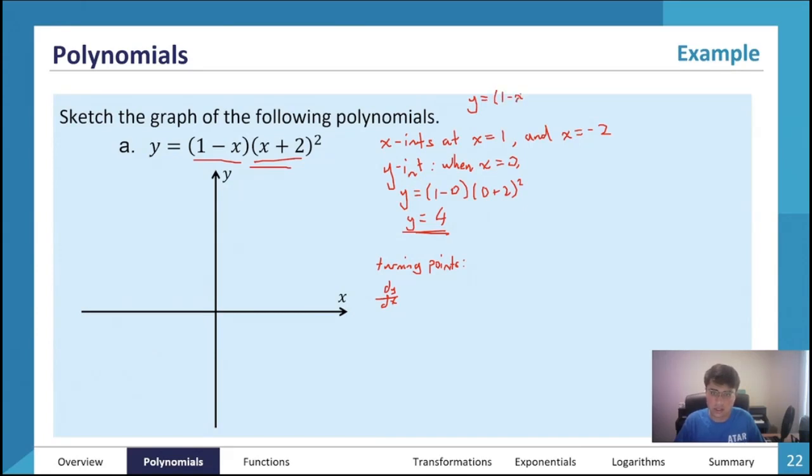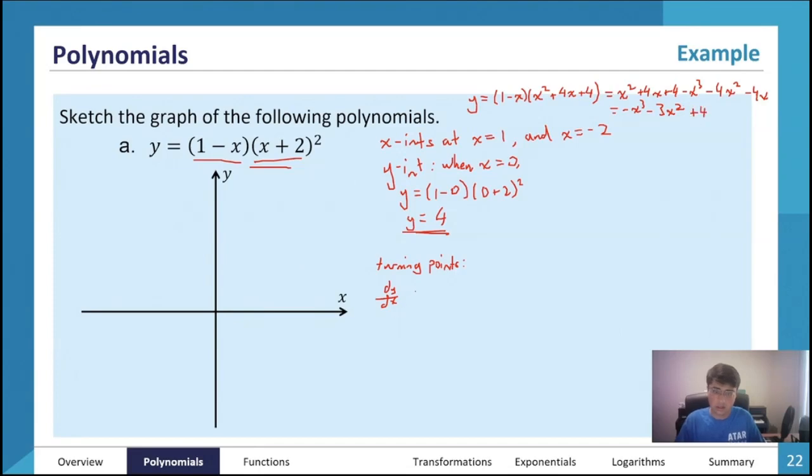So that's 1 minus x times x squared plus 4x plus 4, which is equal to x squared plus 4x plus 4 minus x cubed minus 4x squared minus 4x. And then if we collapse those terms down, we're going to get negative x cubed minus 3x squared plus 4.